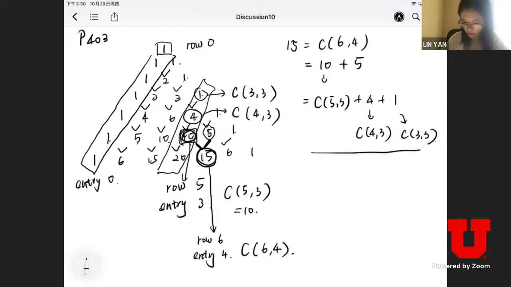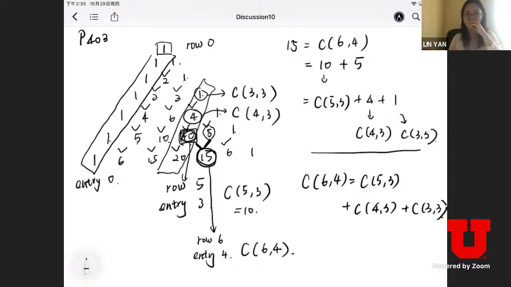So we now have 6 choose 4 equal to 5 choose 3 plus 4 choose 3 plus 3 choose 3. So this is an intuitive explanation of this problem. You can also use proof by induction to solve this problem. Any question about this problem?